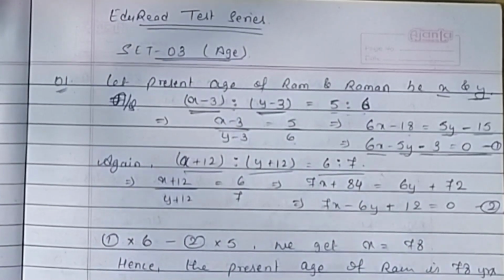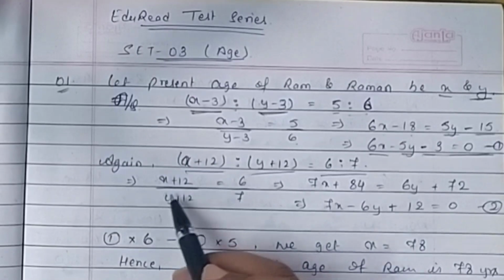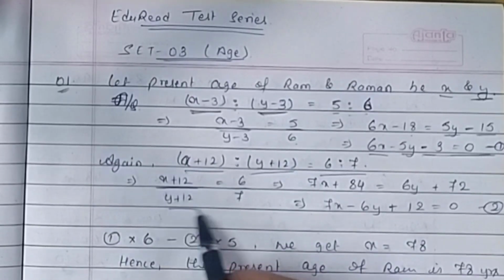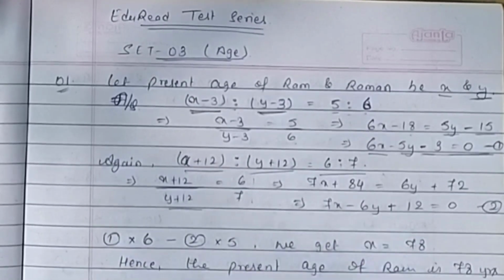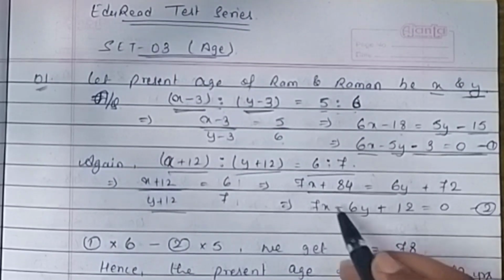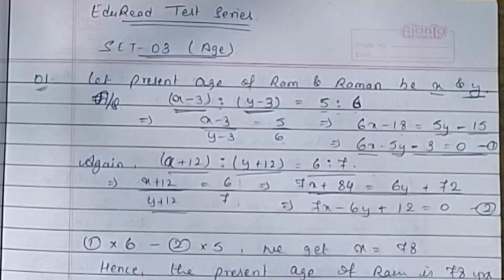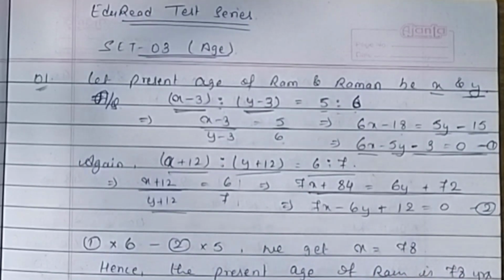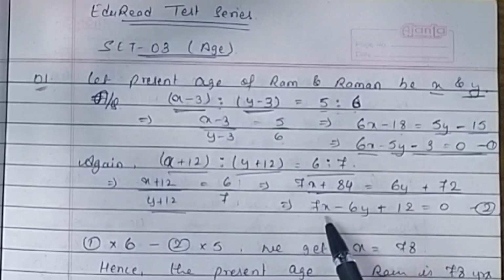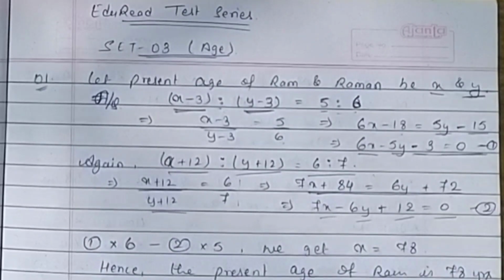So we made the equation: x plus 12 by y plus 12 equals 6/7. In a simpler version, we get 7x plus 84 equals 6y plus 72. Solving again, we get 7x minus 6y plus 12 equals 0, which becomes our second equation.